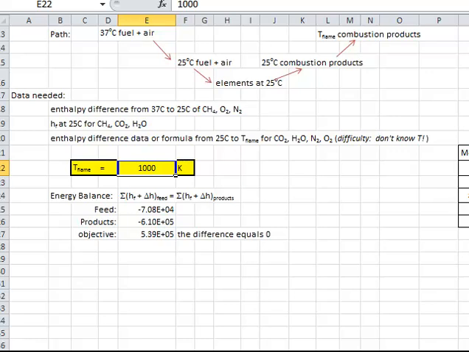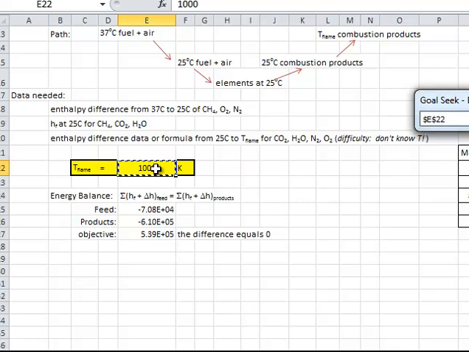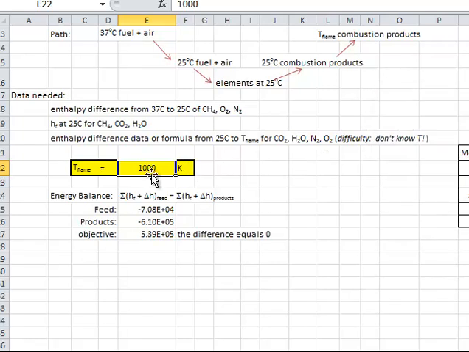So let's try it with goal-seek here, since that's the one that's automatically set up in Excel. I want to set this to a value of 0 by changing that. And if I say OK, it changes it. The number is now very close to 0, and the temperature, therefore, was 2498.